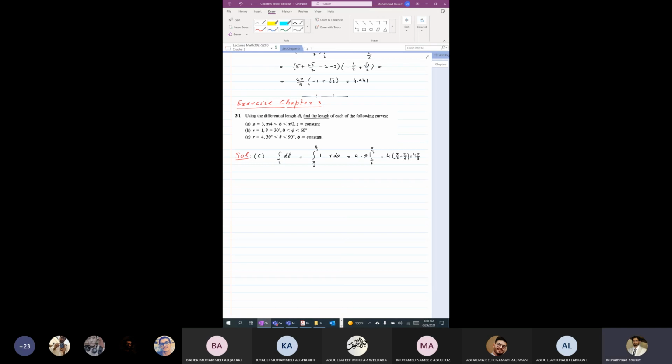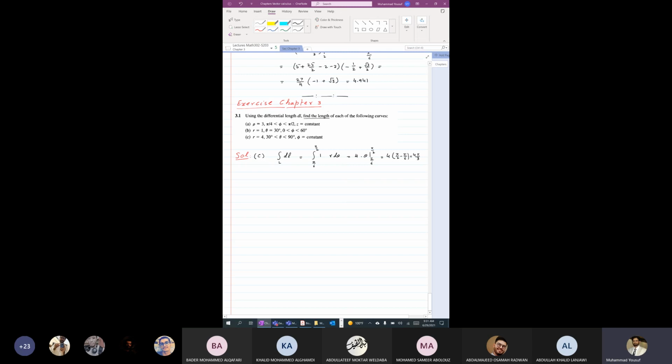And when we do this by calculator, what is the 4 pi over 3 equal to? We can get this answer in decimal places. This is the answer in fraction quotient. So this is question number 1, part C. And how much is this in decimal?